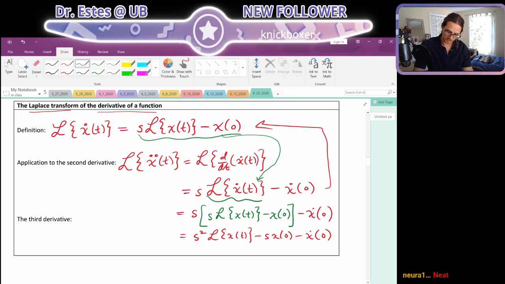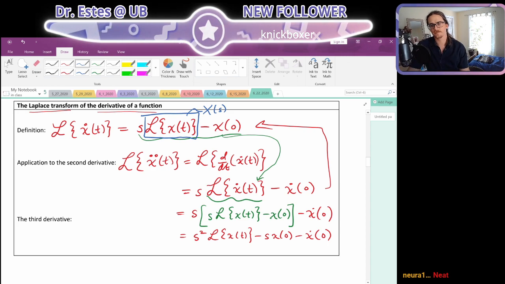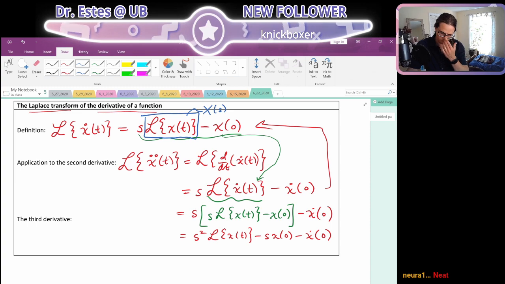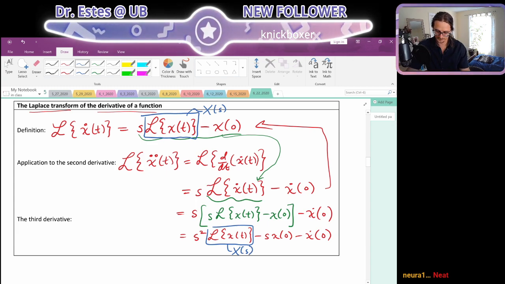And this Laplace of x of t, that's called X of s. Yeah, neat, right? So down here I can call this X of s. When we transfer to the s domain, we tend to write the variable in a capital letter at this point.